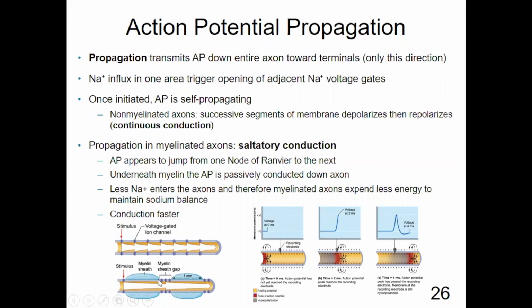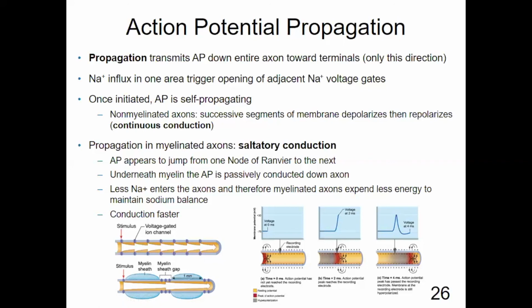There are gaps in the myelin sheath, and that is where we see more of those voltage-gated ion channels to restart the action potential. So the action potential appears to jump from gap to gap to gap down the myelinated axon.